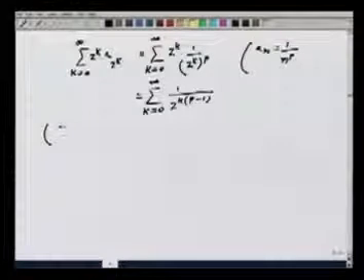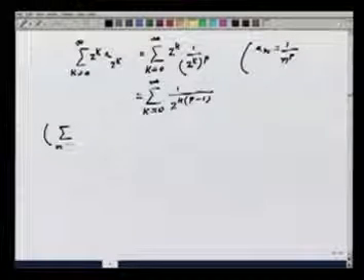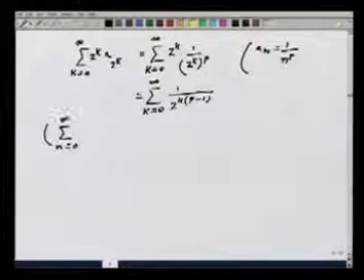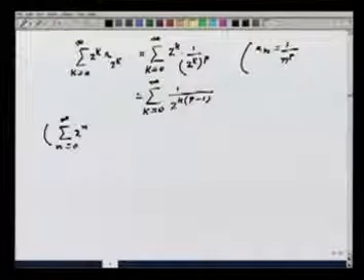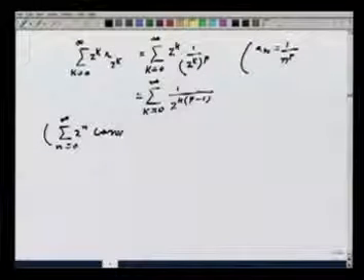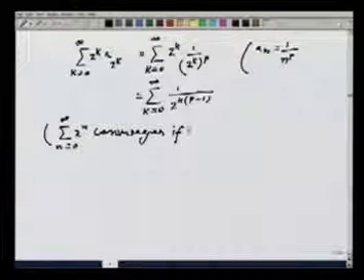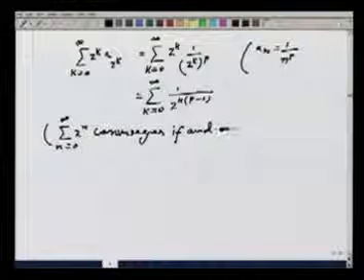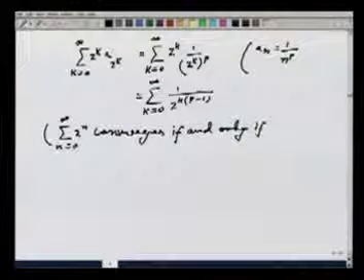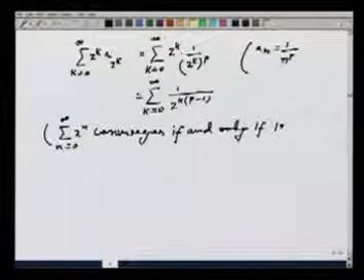We have already got our result that summation n from 0 to infinity x to the power n converges if and only if mod x is less than 1.